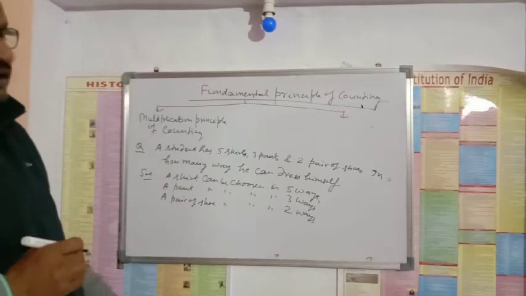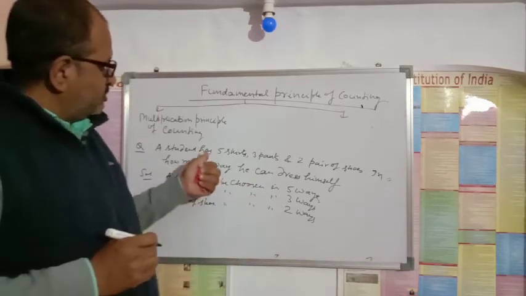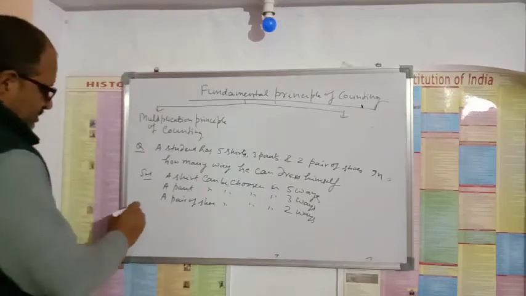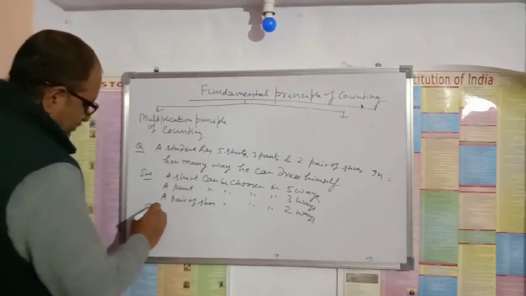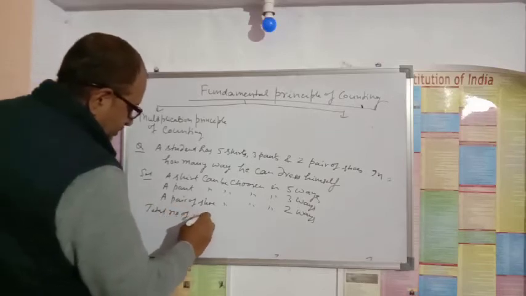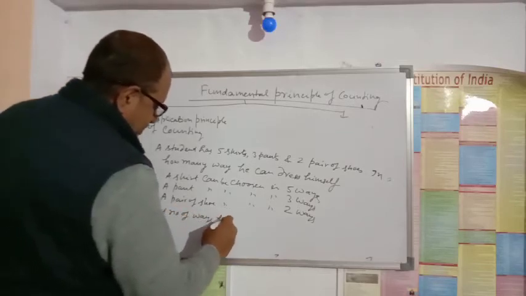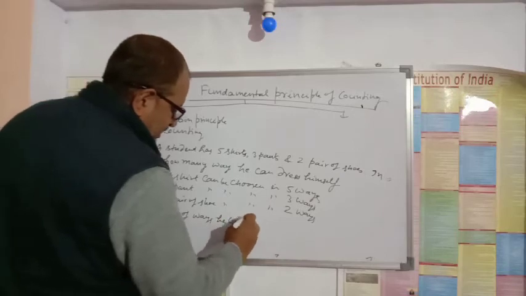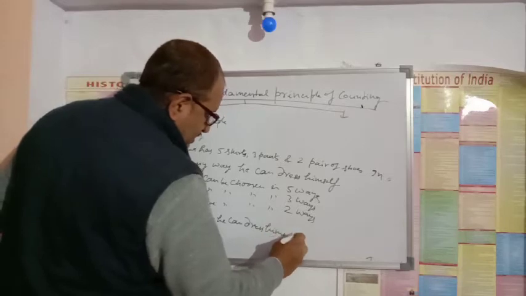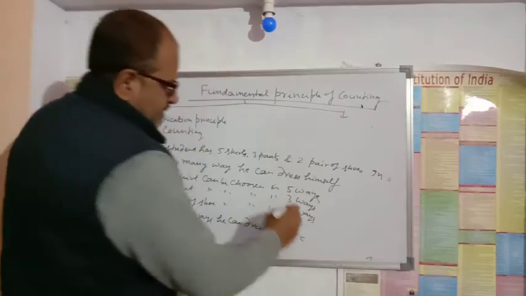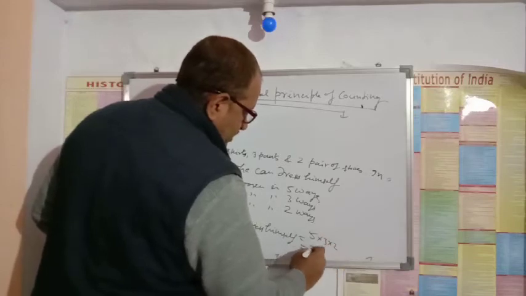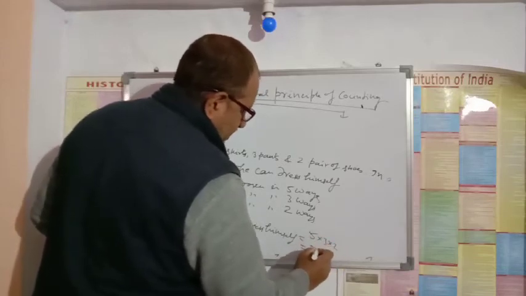So what is the total number of ways to choose shirt, pant and a pair of shoes? So therefore total number of ways he can dress himself, 5 into 3 into 2. 5 into 3, 15 into 2, 30. 30 ways.